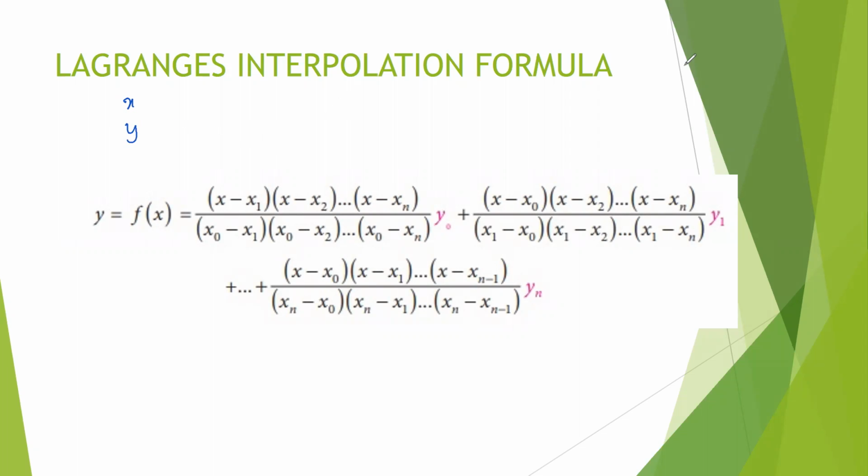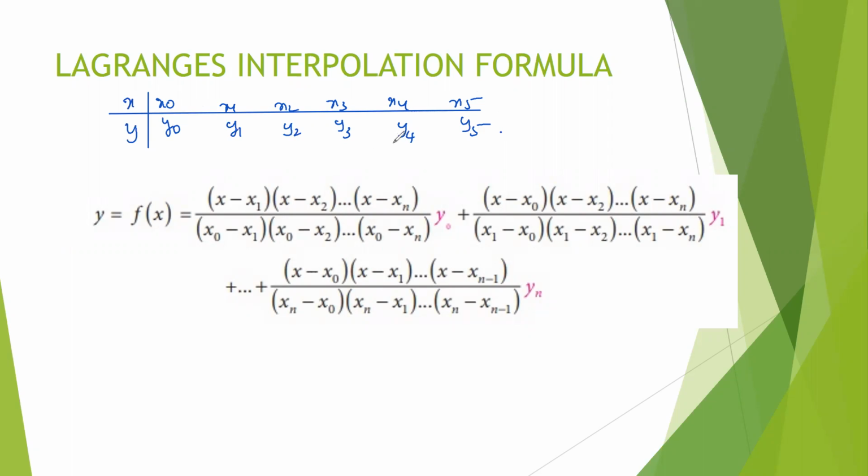These x and y values are considered as x0, x1, x2, x3, x4, x5, and its respective y values are y0, y1, y2, y3, y4, and y5.